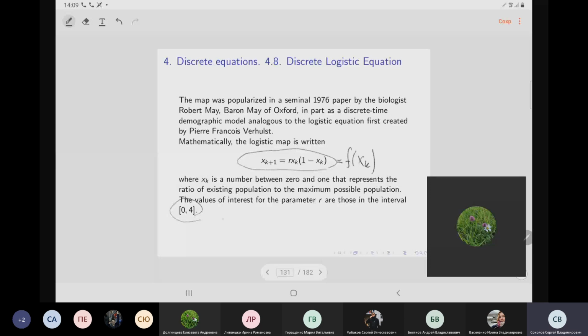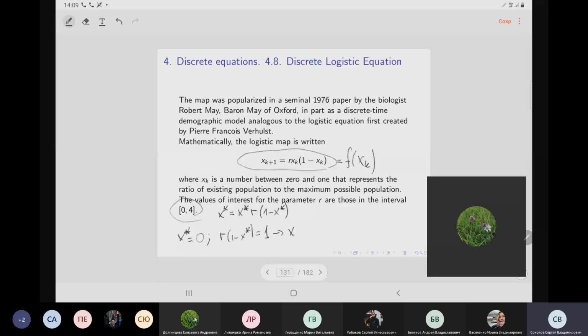Let's do it. First of all, the equation for equilibriums is in this form. So the first equilibrium is x equals 0, and the second one is from the equation r(1 - x) = 1.